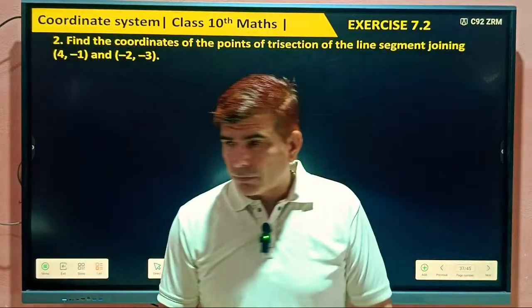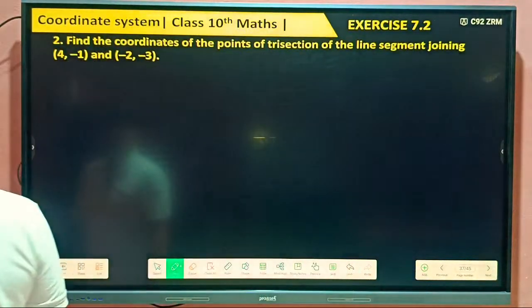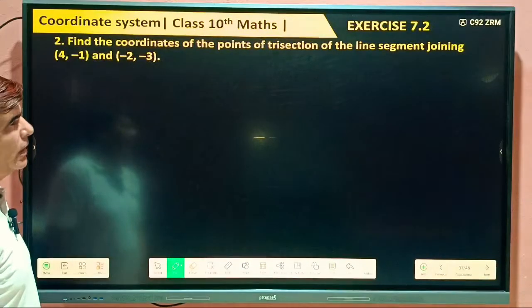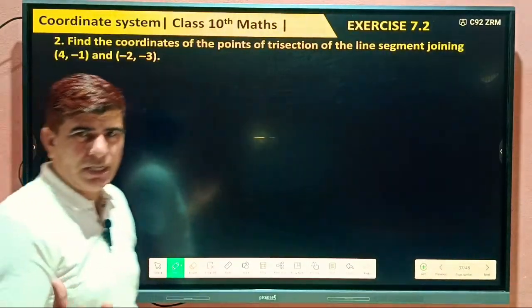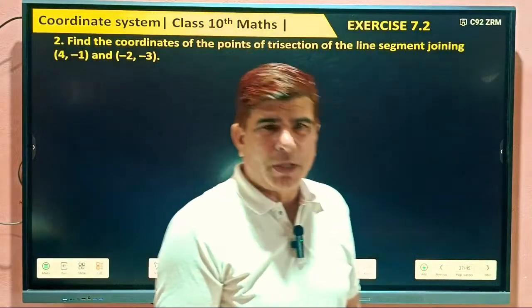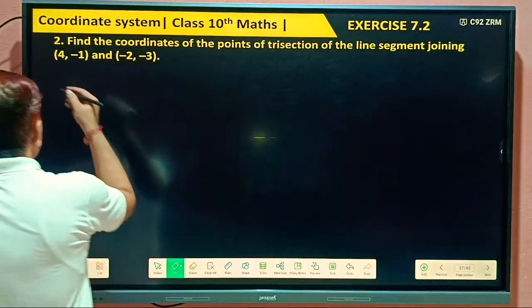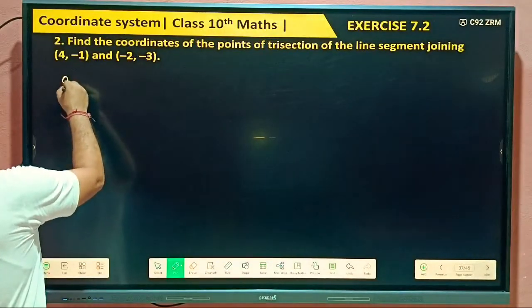Next, question number 2. Find the coordinates of the points of trisection of the line segment joining this. Trisection I already told you. But again, I can tell you, as given in the example, trisection means dividing into 3 equal parts.